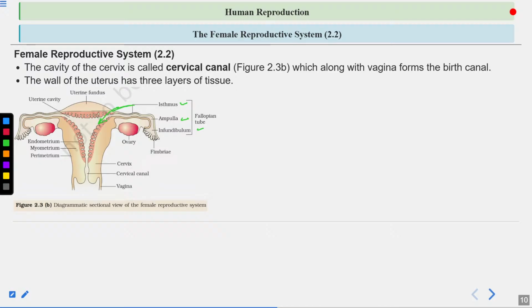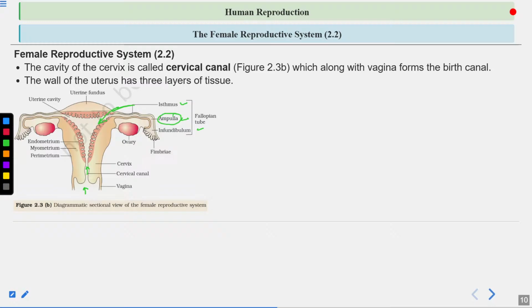Now, how can the sperms travel to the ampullary region? Sperm will enter through the vagina during the process of insemination. They will travel through the cervix and then finally reach the ampullary region of the fallopian tube where fertilization will occur. So to block the entry of the sperms, what is done?